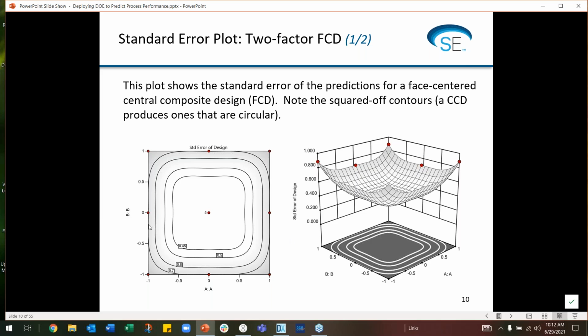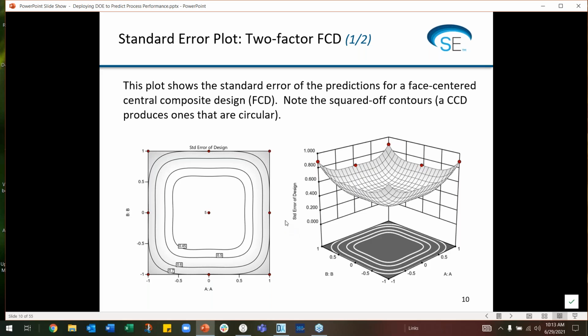But you know, this graph, the standard error graph, works great when you only have 2 factors. But many of us have 3, 4, 5 factors, and then the use of the standard error plot would involve looking at it in all these different directions. You'd have to look at it in the AB direction, AC, AD, BC, BD, etc. All these different directions, which people just don't do from a practical standpoint.